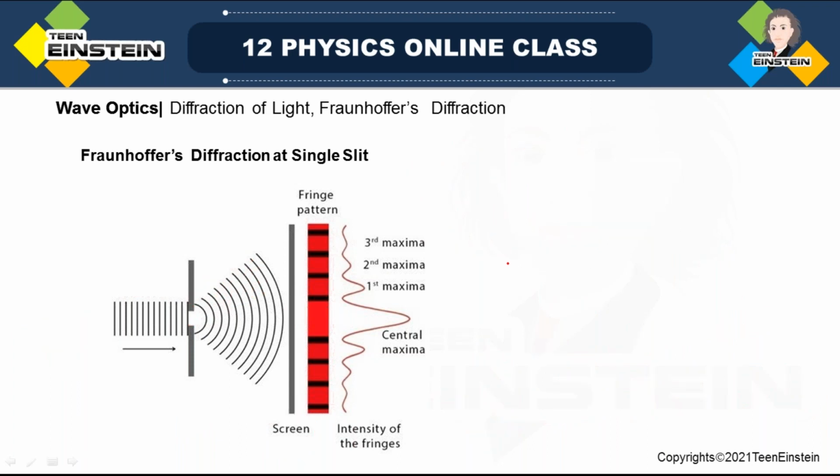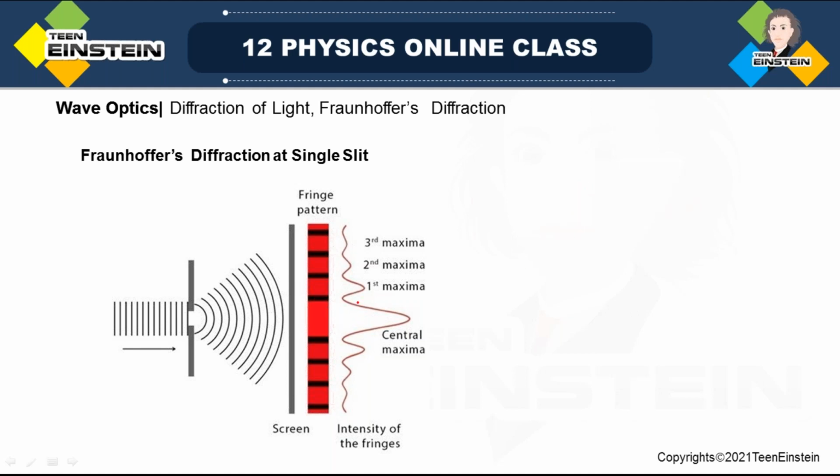After those secondary wavelets interfere, you know interference creates alternating dark and bright fringes. The same thing you will see over here.